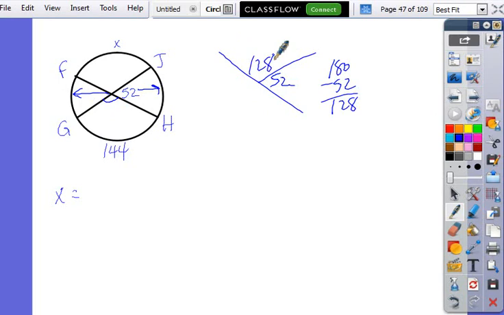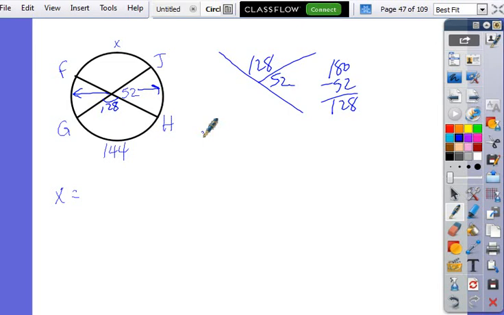The other part is 180 minus 52. So this angle inside that I actually need is 128. Do we understand why the 52 is not the right number? 52 does not match up with the 144 and the X. So in order to get that number that matches up, I have to subtract from 180 because it's a line.